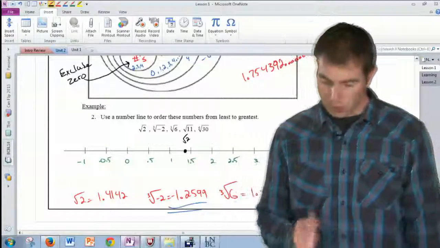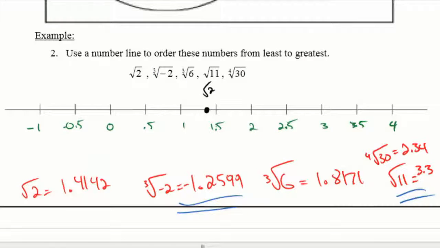All right, so we have root 2 on there. And then the next one is the cube root of negative 2, which I know is negative 1.2. So that's going to be way over here. There's negative 1. So this is the cube root of negative 2, way over there. The next one is the cube root of 6, which was 1.8.